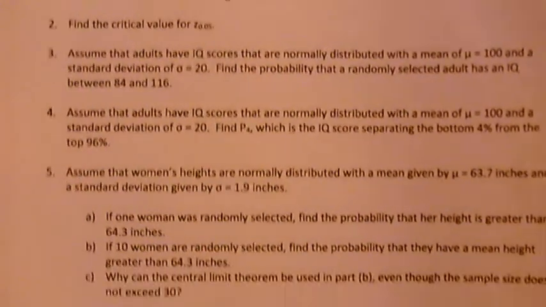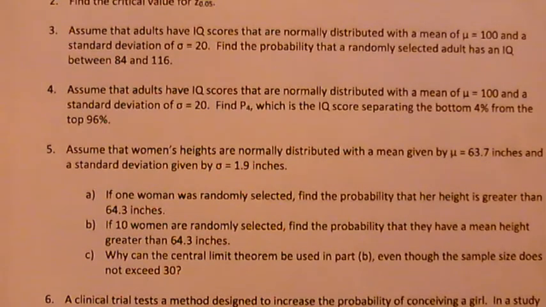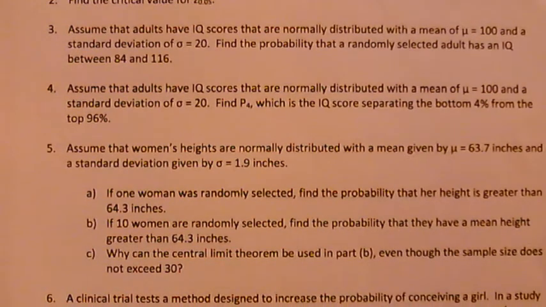Now problem number 5 deals with the central limit theorem. And in number 5, there are 3 parts. Assume that women's heights are normally distributed with a mean given by mu equaling to 63.7 inches and the standard deviation given by sigma equaling to 1.9 inches. Part A. If one woman was randomly selected, find the probability that her mean height is greater than 64.3 inches.